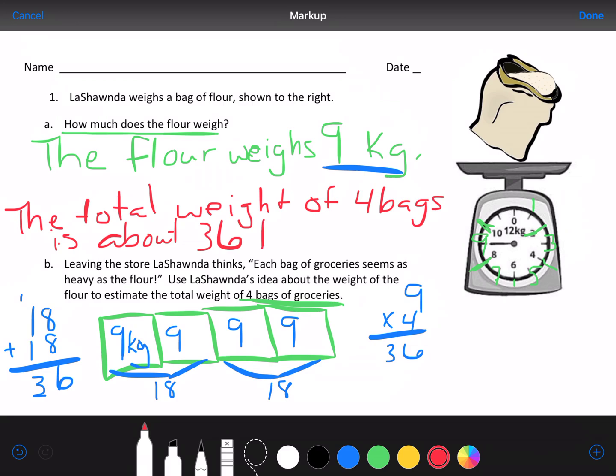So about 36 kilograms, and then your period. And that's also what's wrong here, is if you don't write a sentence, then you don't have kilograms next to your answers, and your teacher may have to take off points.